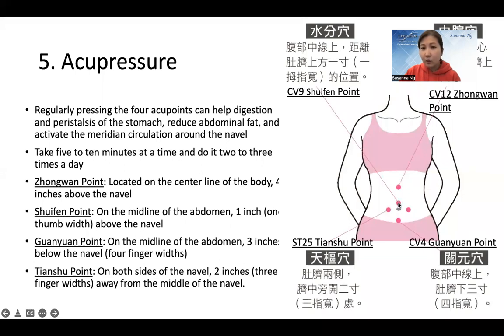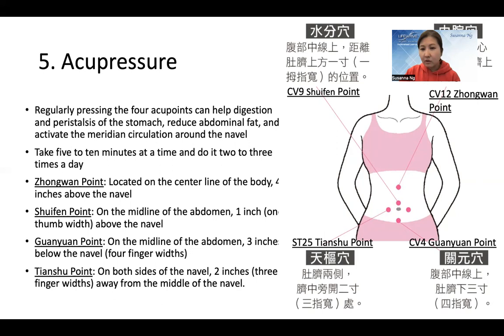This is CV9, and at 3 o'clock clockwise is another acupuncture point. Downward around 2 finger distance is CV4, which is also one of the acupuncture points. And at 9 o'clock, about 2 fingers distance away, is ST25.